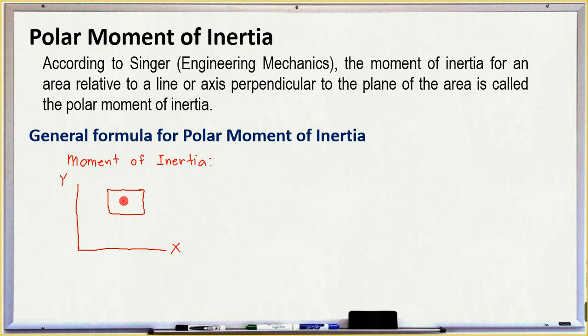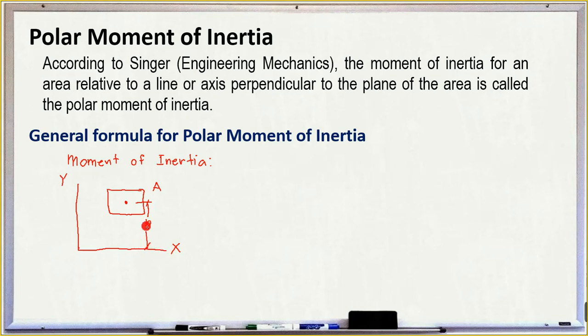Now, the moment of inertia for this object, let's say this object has an area of A, and this object has a distance of y from one of the axes, and that axis is the x-axis.